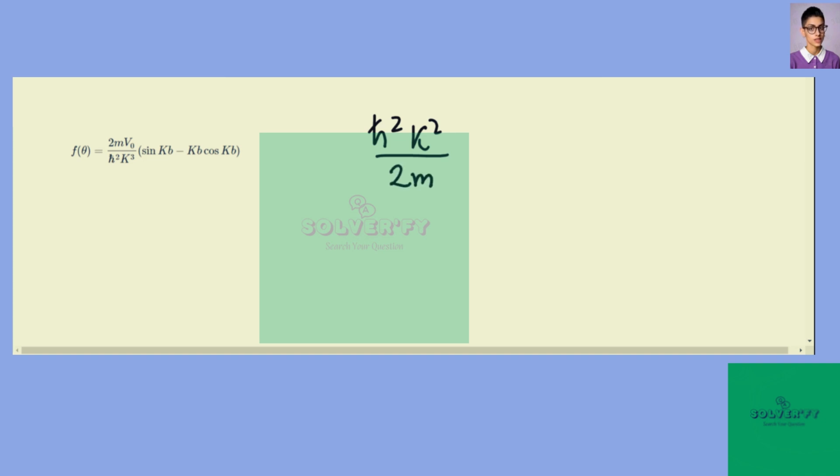And capital K in this case is equal to 2 times k times the sine of theta divided by 2.